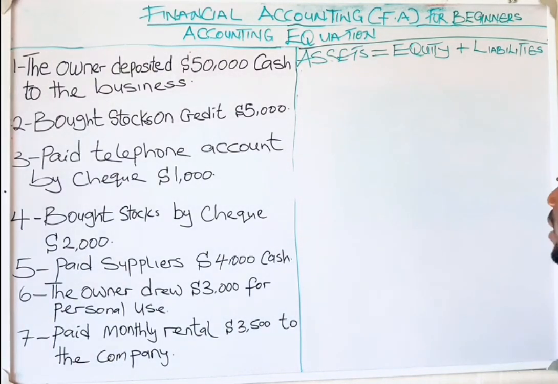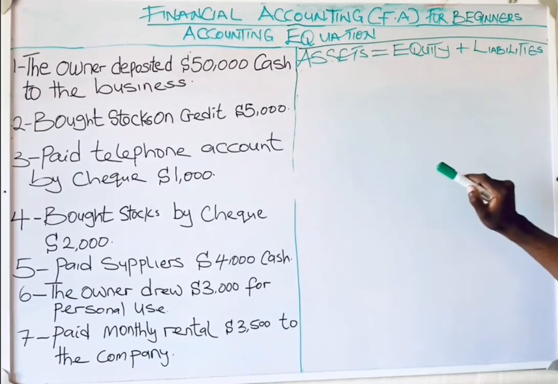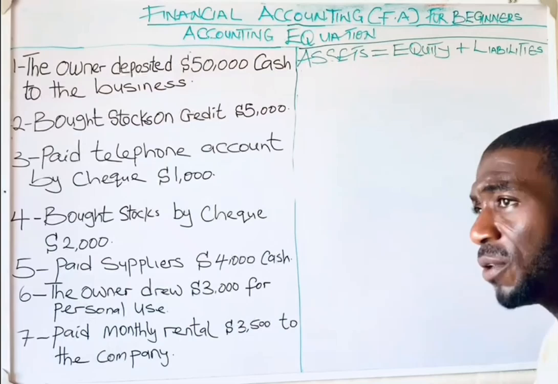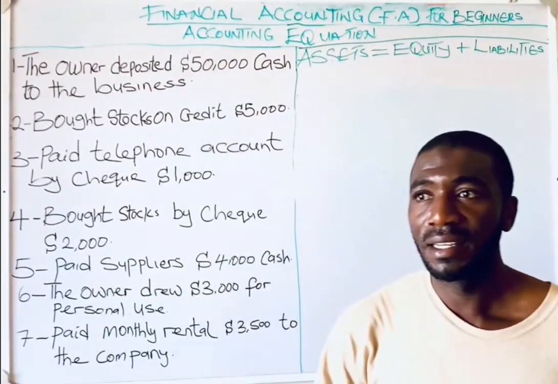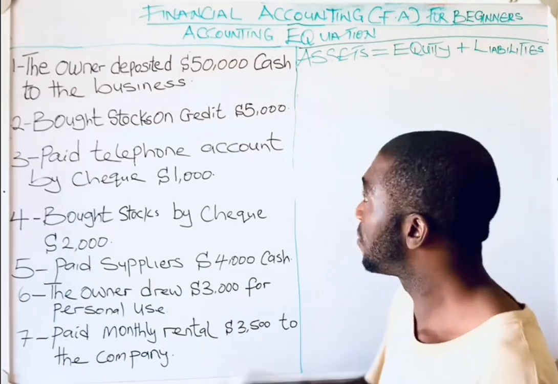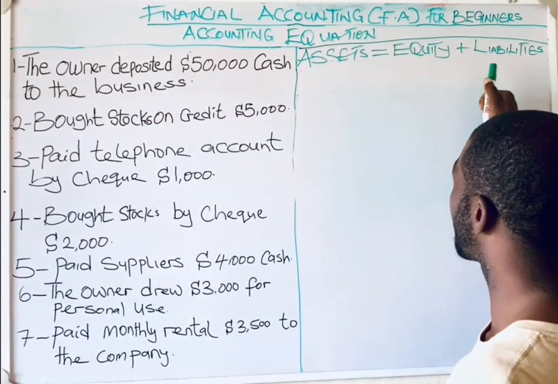That is, the addition of equity and liability will give you your assets. Let's confirm it. But before we confirm that, there is a principle that will guide us to confirming if our assets is equal to equity plus liability.